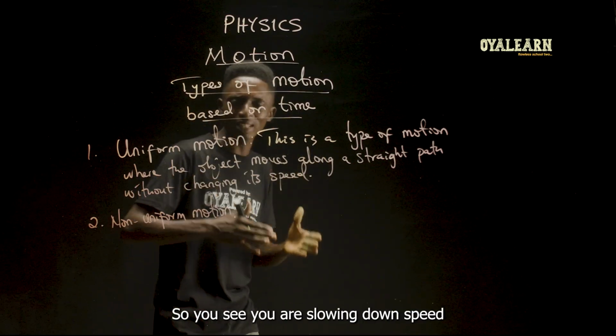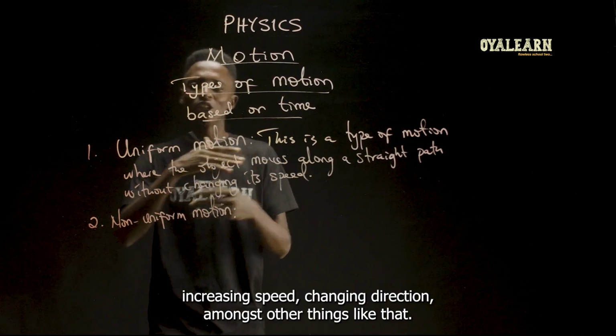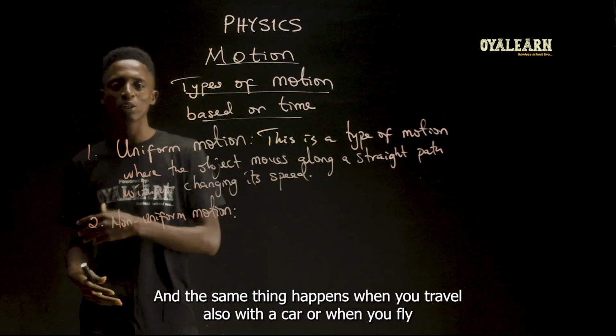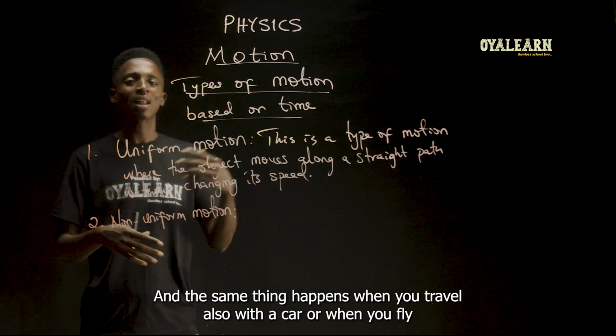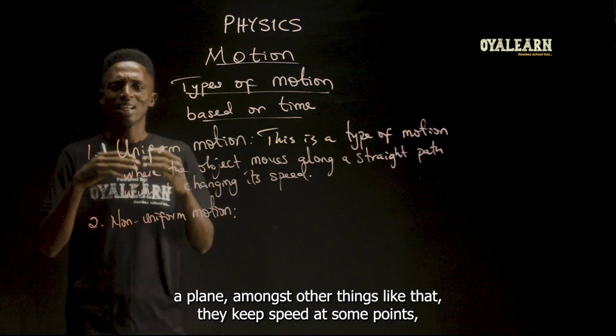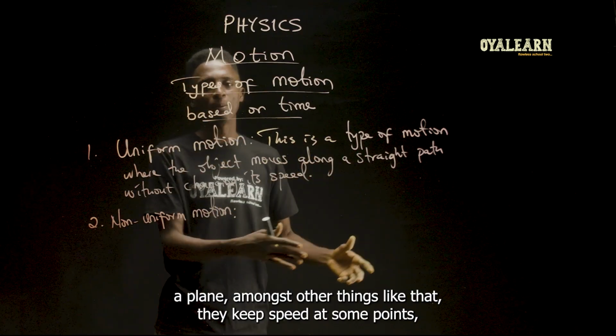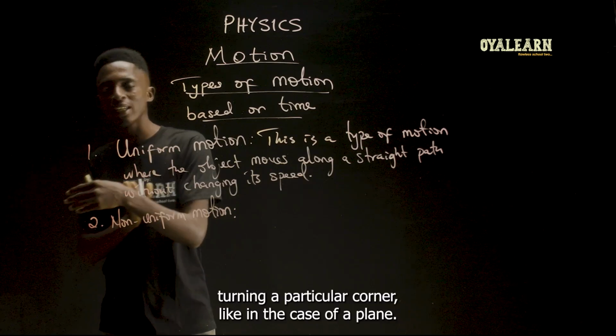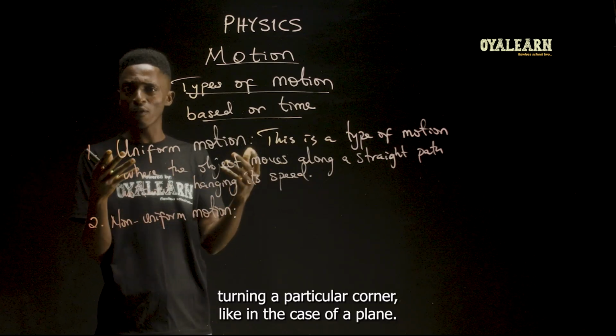So you see, you are slowing down, increasing speed, changing direction, amongst other things like that. And the same thing happens when you travel with a car, or when you fly a plane, amongst other things like that. They keep speed at some point, but they change it, whether when they are turning a particular corner, like in the case of a plane now.